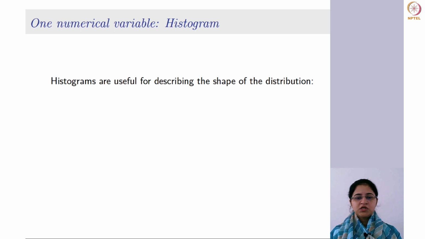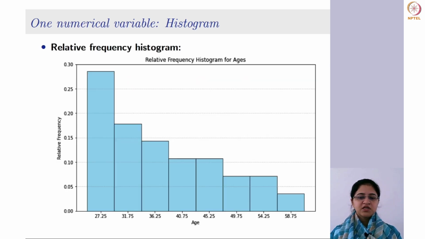Now, histograms have an additional thing, because by just looking at the histogram, you can identify the shape of the distribution. For instance, in this case, recall from the summary measures the skewness. It is right skewed, because it has a long right tail.